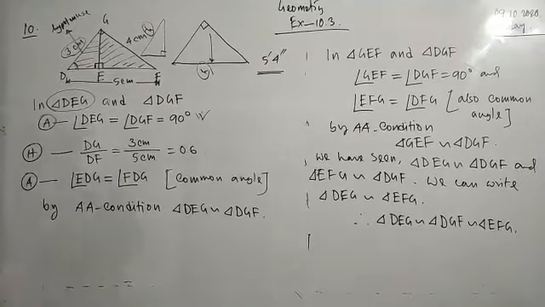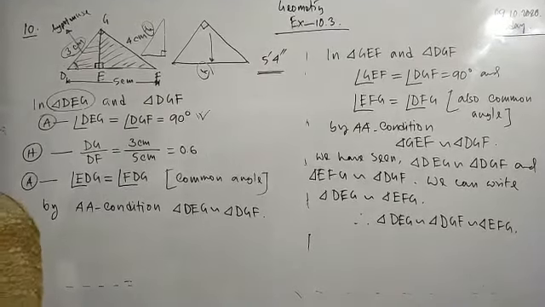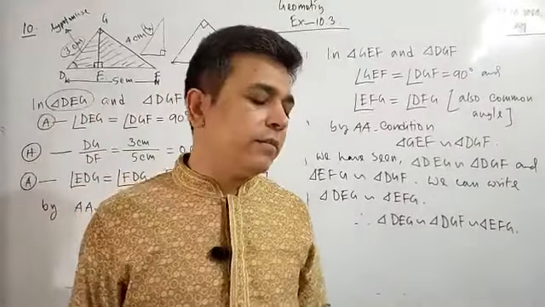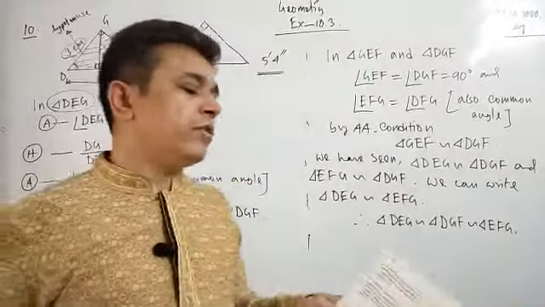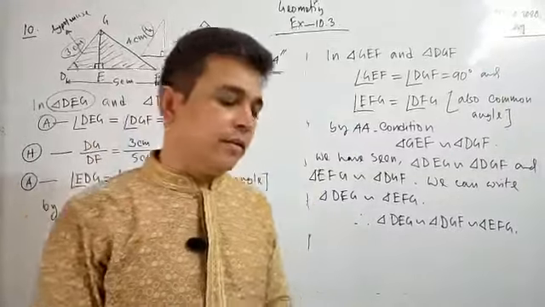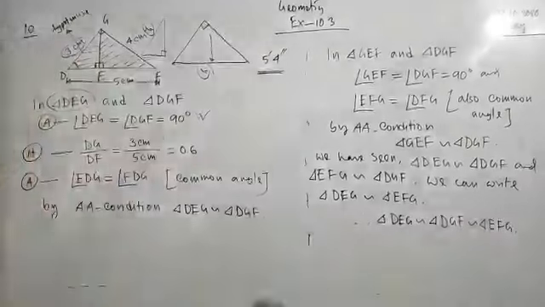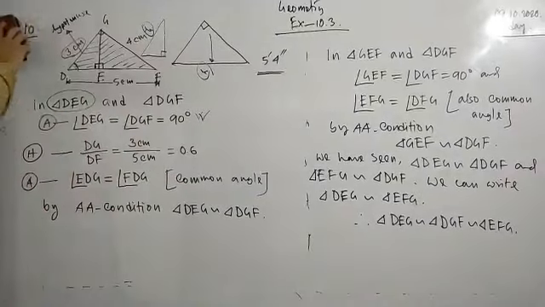okay, so after 10 I'm going to 11, it is very easy. I think there is no indication, nothing is given, we just have to match which side is looking like which side. Okay, so look at that here, I'm erasing this part.